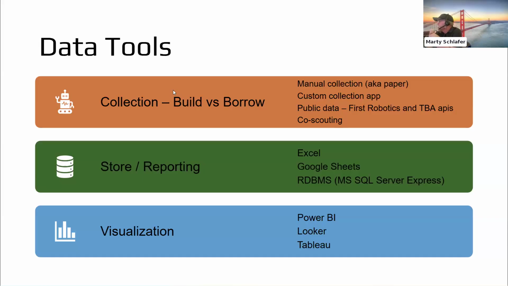A benefit of that is it reduces the inaccuracy of the data. The more eyes and the more people you have collecting the data, the more likely you're going to get a better version.